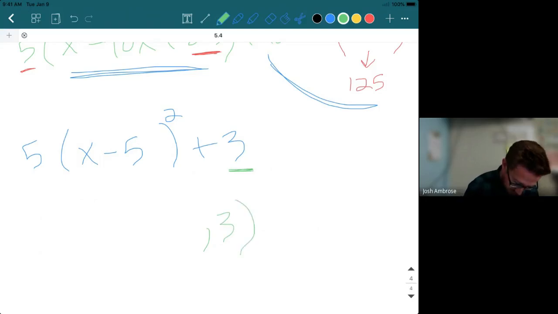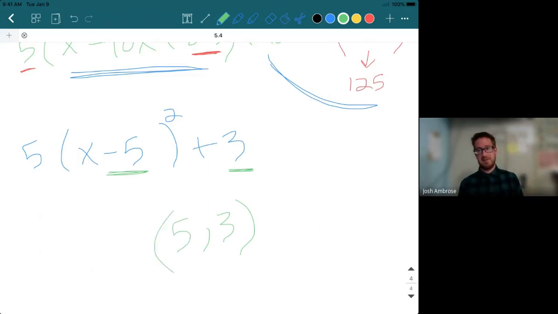This value right here, remember where we talked about, I believe it was h, but it was a negative h. See how that says minus 5? That means what we're pulling out is a positive 5, because the vertex, that x value, was a negative h, and it is a negative, and double negatives make a positive.